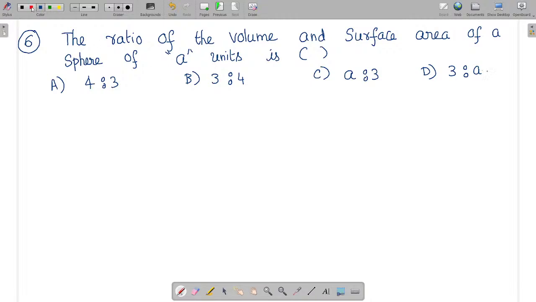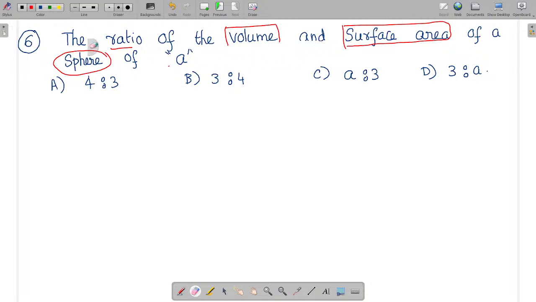So let us try to solve this question. First, try to understand the question. Ratio of the volume and surface area of the same figure, that is sphere, of A units of radius. Let me write clearly the question.